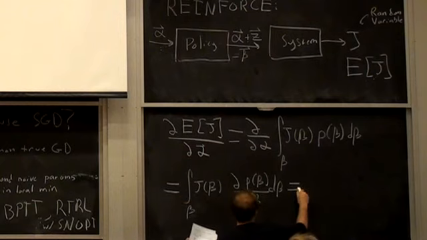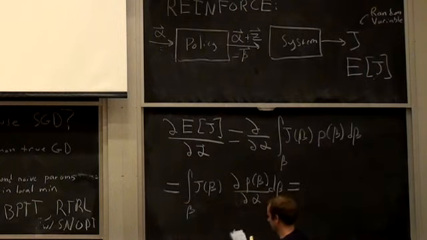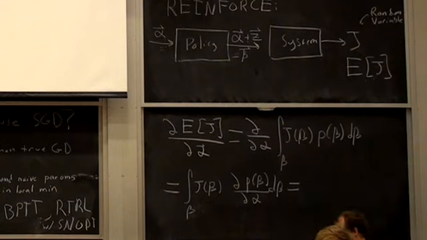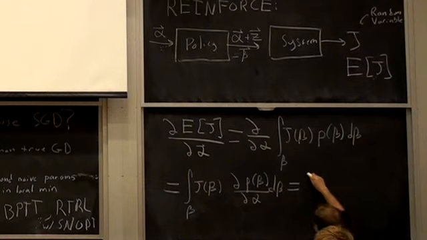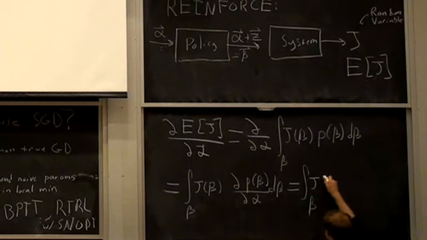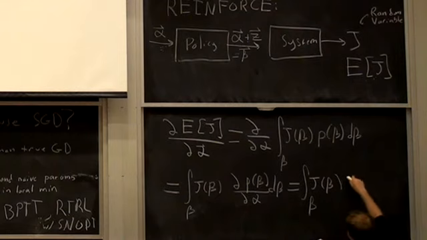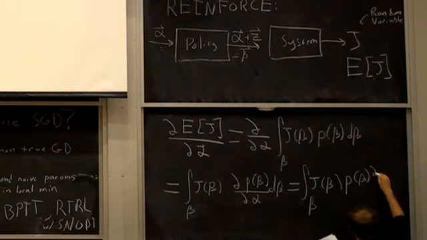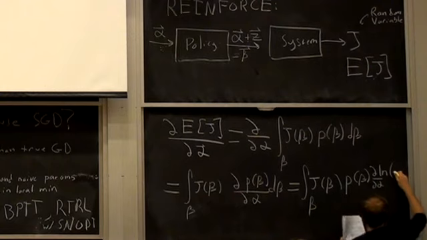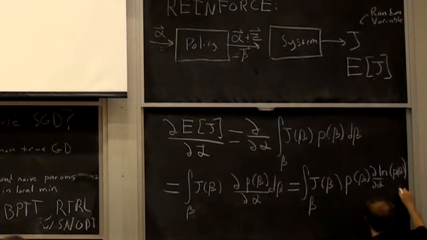All right. Now, this is where a bit of cleverness comes in. You can write this then as an integral over beta, J of beta, P of beta, the distribution, then d alpha of ln of P of beta, d beta.